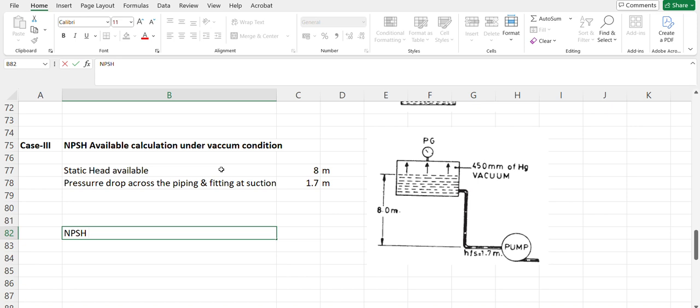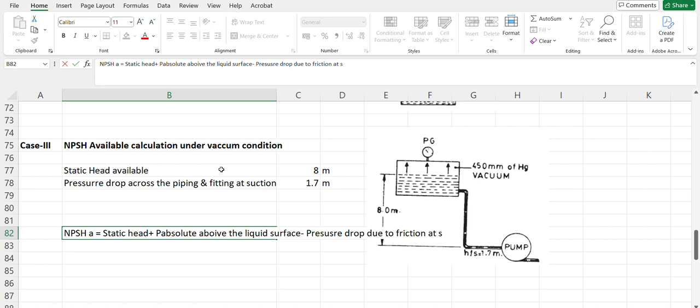NPSH available is equal to static head plus, just revising that so that you will get more idea, P absolute above the liquid surface, minus pressure drop due to friction at suction, minus vapor pressure of liquid.